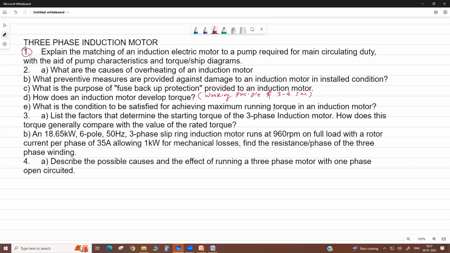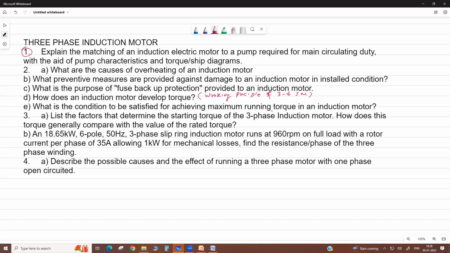When we connect the three-phase motor with a three-phase balanced supply, the three-phase flux is set up in the air gap, and the resultant of this flux rotates in the air gap with synchronous speed. Now this flux is linked with the rotor bar, the rotor conductor.